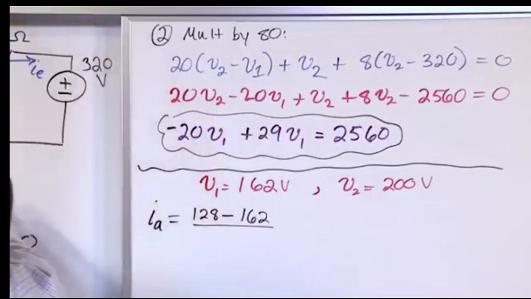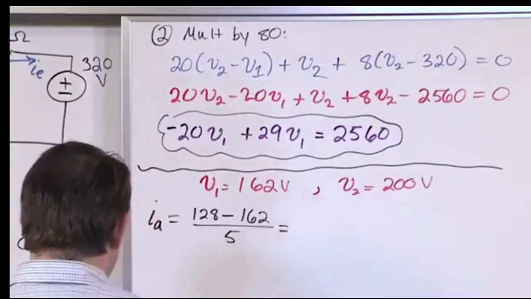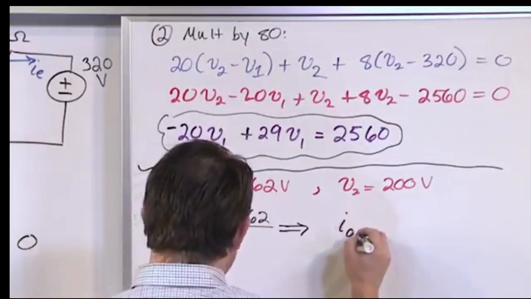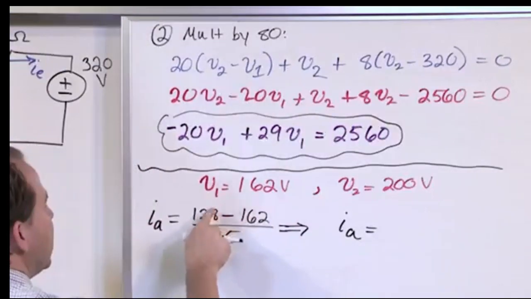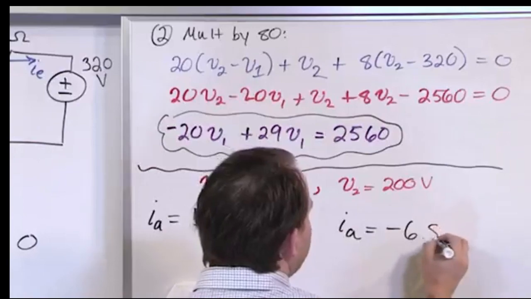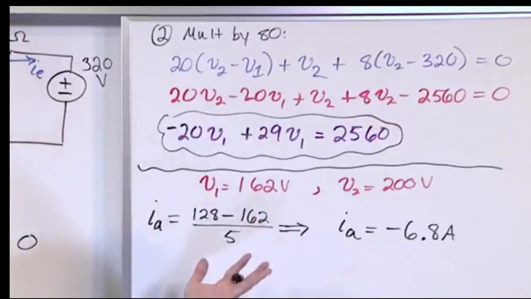That's the voltage drop across this resistor, divided by 5. All right, what is that equal to? When you subtract this, clearly you're going to get a negative number. You divide by 5, you get negative 6.8 amps. That's what IA is equal to. We have a negative value.